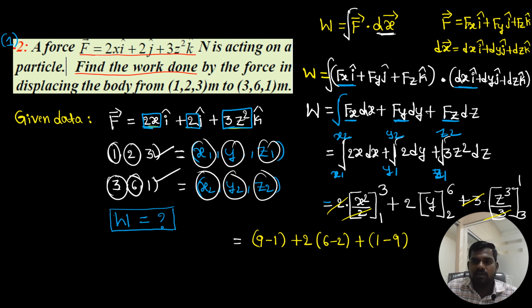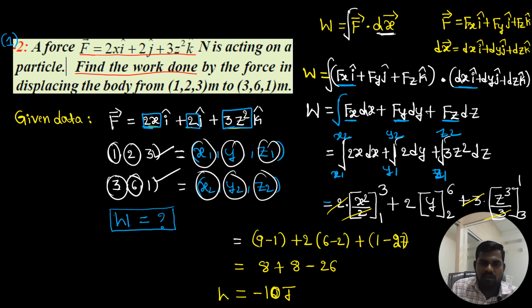Sorry, this is 3 cube, which means 27. That is equal to 9 minus 1, which is nothing but 8. So 2 into 4 is nothing but 8, and minus this 26. So that is equal to 8 plus 8 is equal to 16. 16 minus 26 is nothing but minus 10 joules in this case.